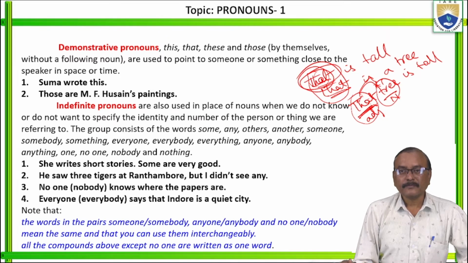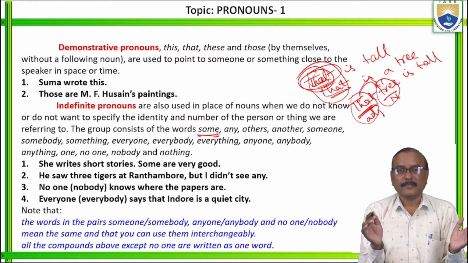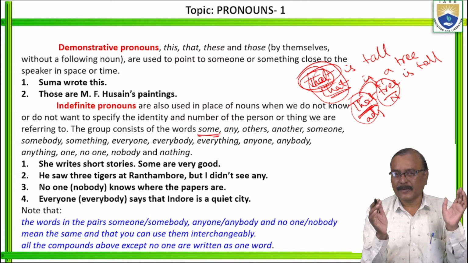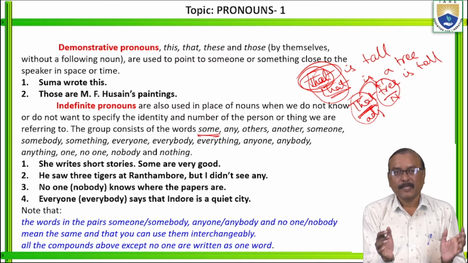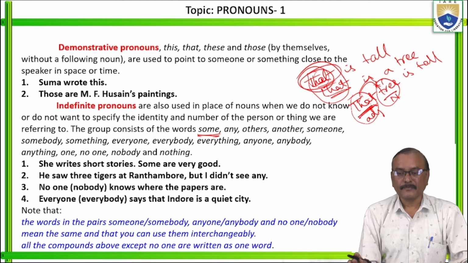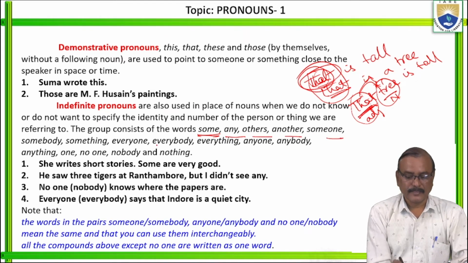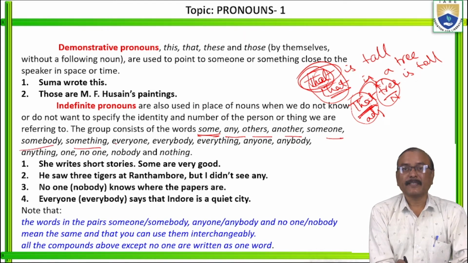The group consists of words like some. Some means not specific. How many? Here no definite quantity, no specific person or thing. Some. Any. Others. Another. Someone. Somebody. Something. Everyone. Everybody.